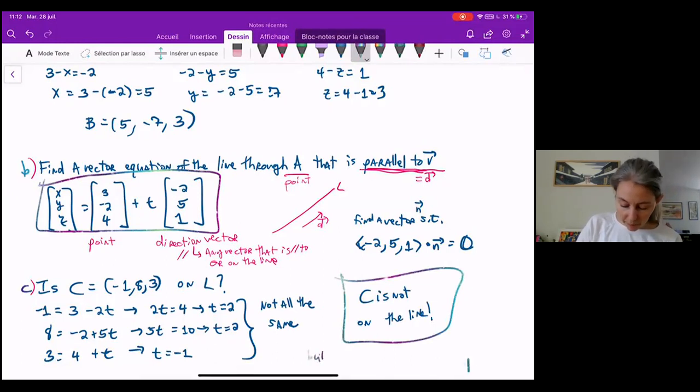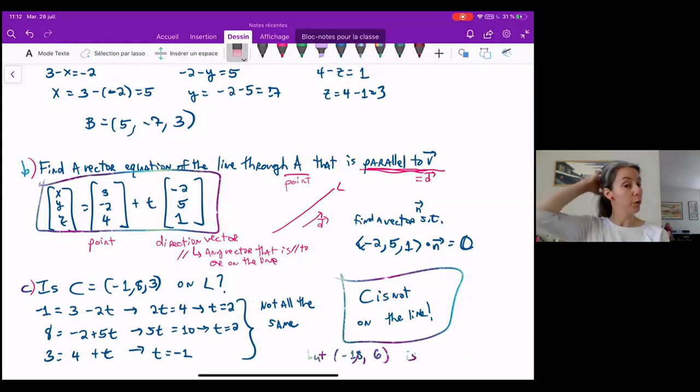But for (-1, 8, 6), if I plug in t equals 2 and replace that 3 with a 6, it is. So in other words, if t were equal to 2, plug that in, what value would I get? I would get 6.